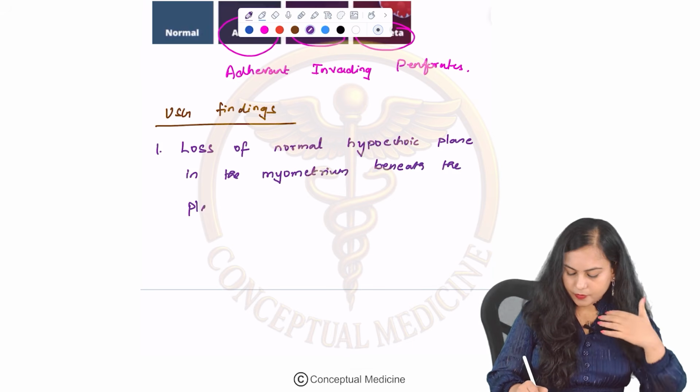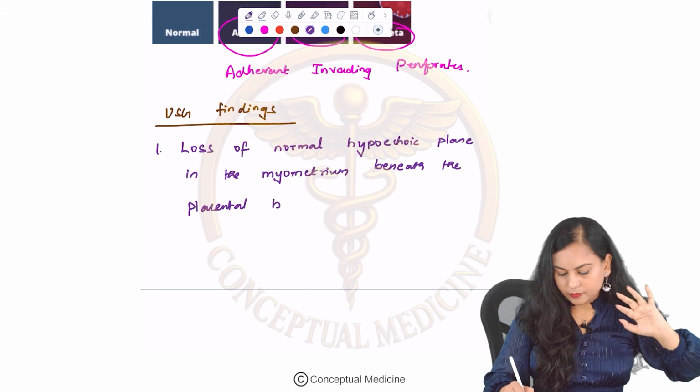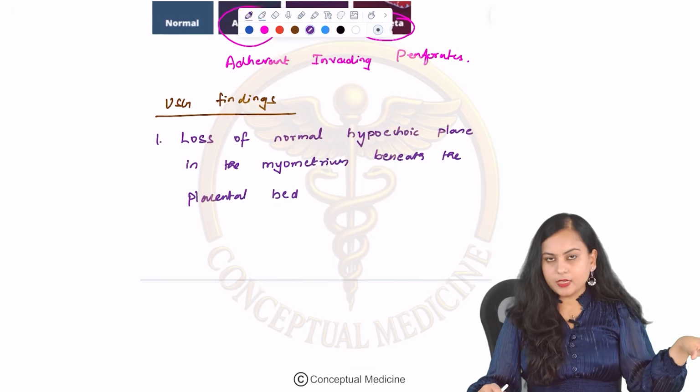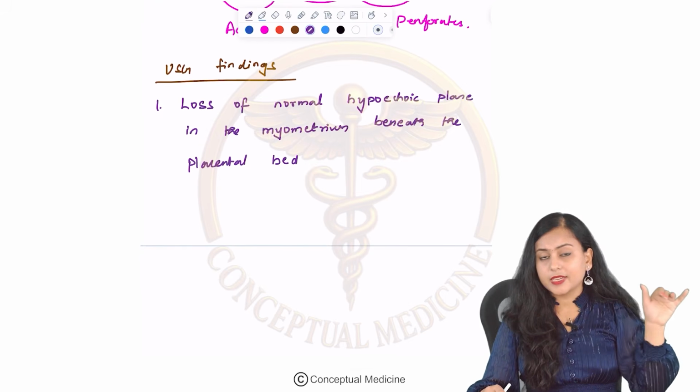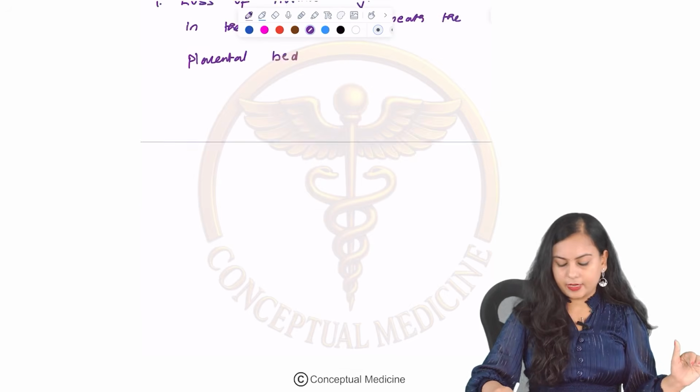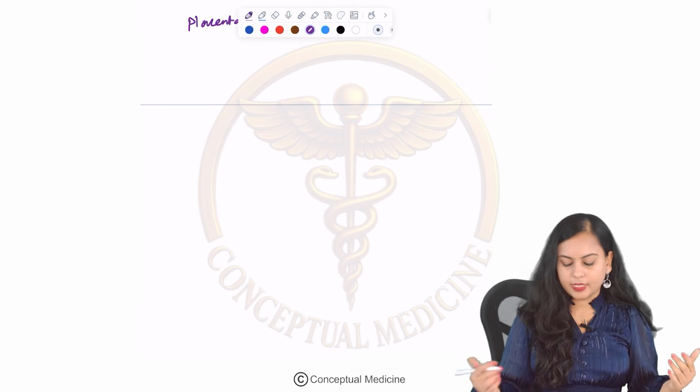Okay, beneath the placental bed. Normally you have a hypoechoic plane between the myometrium and the placental bed, but it is not seen in placenta accreta or any type of placenta accreta spectrum, right?